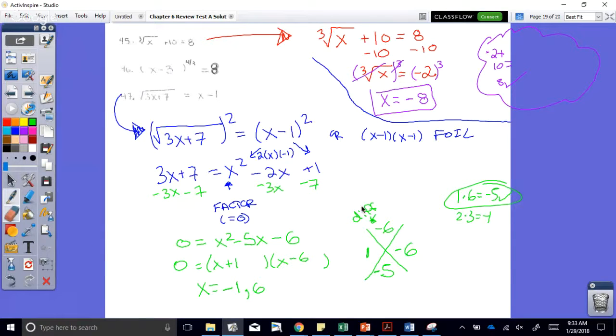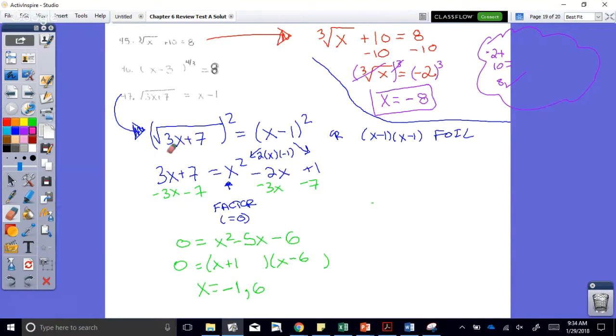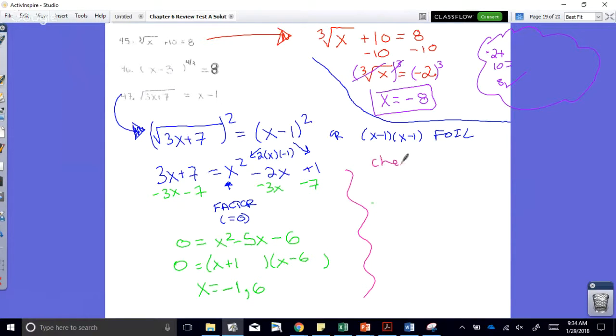Before we circle both and move on, we're going to have to check our answers. Now we're going to check to see if they work. So we'll start with -1. We have the square root of 3 times -1 plus 7, and we want to know if that equals -1 minus 1.